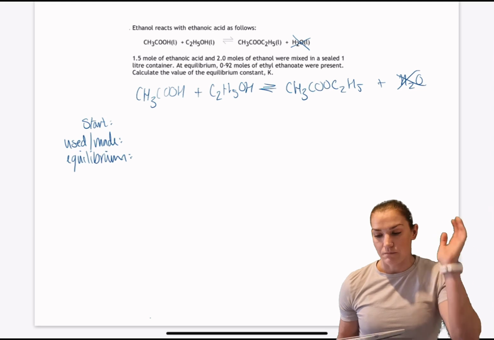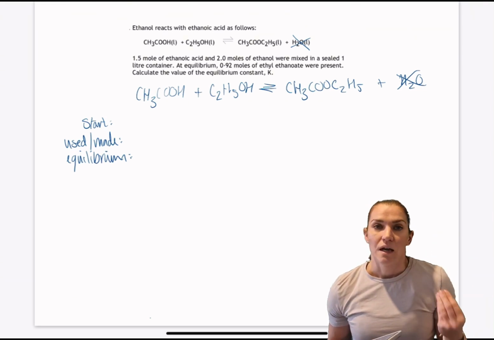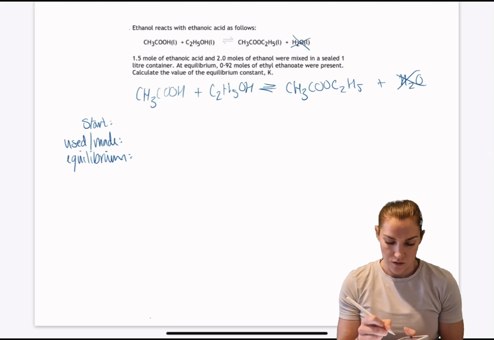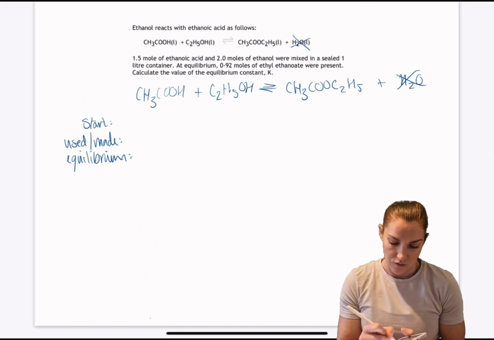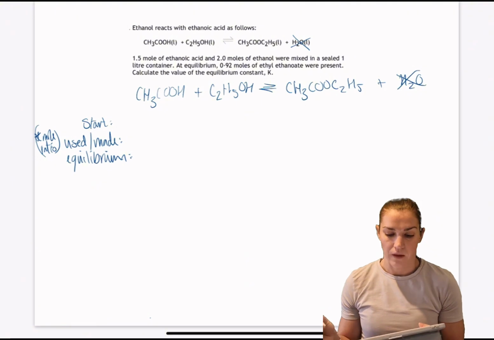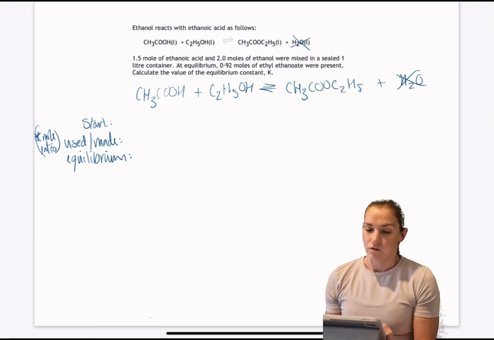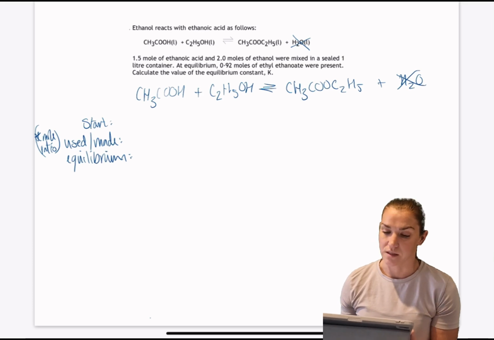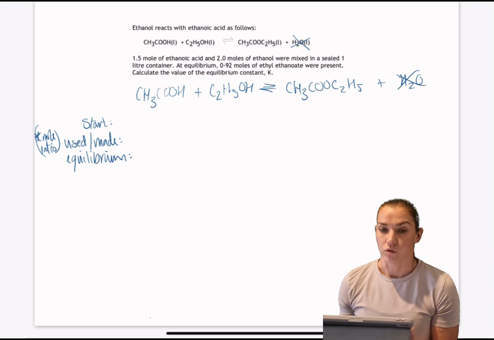When it comes to this middle line, the used and made line, all we're doing is applying mole ratios. So I like to also add in a little reminder just to use the mole ratio. Okay, so if we go back through the question, it tells us we've got 1.5 moles of ethanoic acid at the start, as well as 2 moles of ethanol.